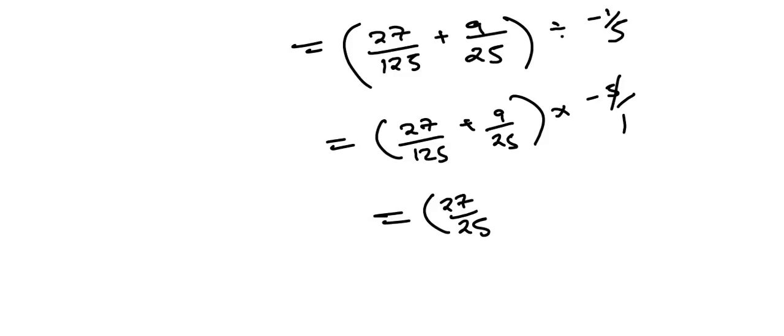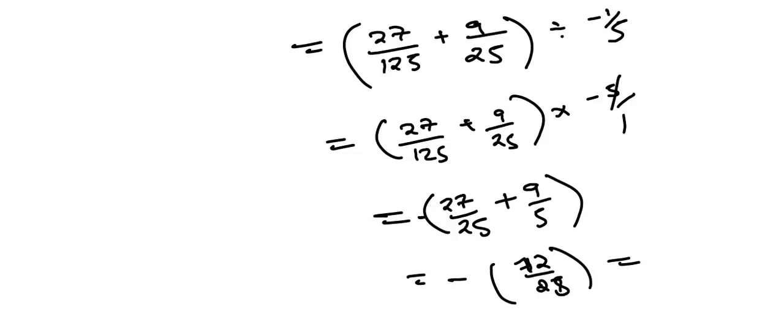Then we are having plus 9 over 5. Of course, there's a negative there. So it's negative 5 and 5, that's 45. So we're just going to say 9 by 5 plus 27. So when you sum up this whole thing inside here, you need to get 72 over 25.